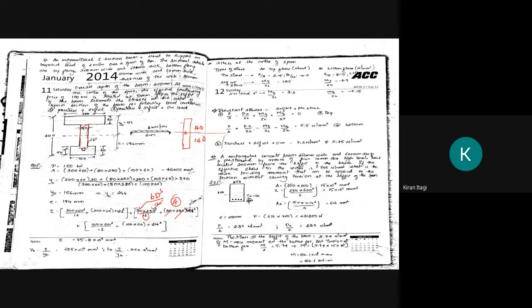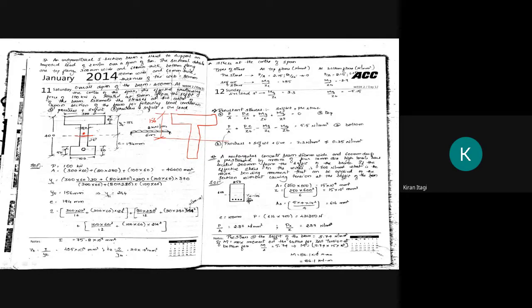Now this one, 44. How have we got the 44? See this line, and here you will get some CG. If I show you in a bigger way, my CG is somewhere here. This distance is 156.